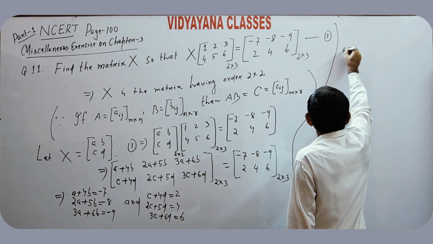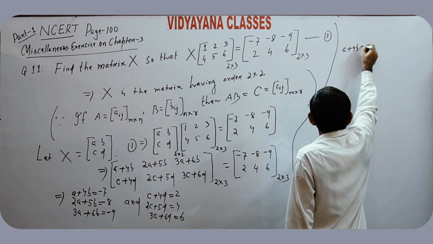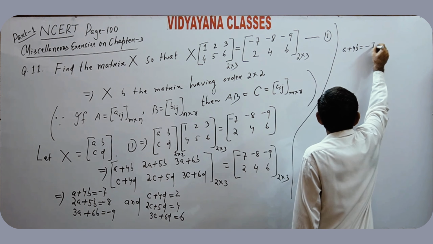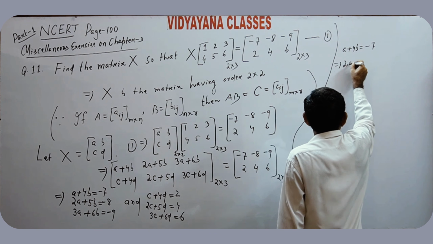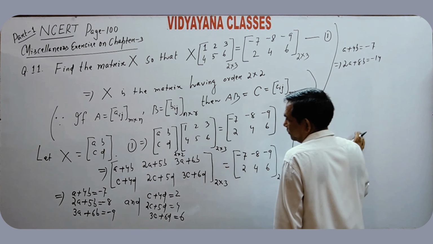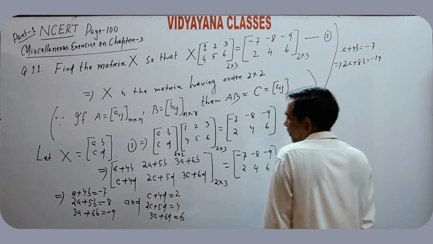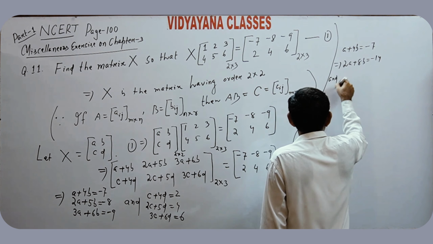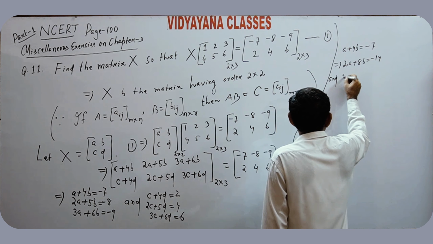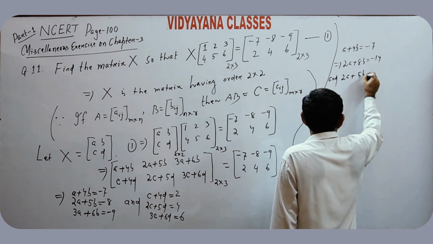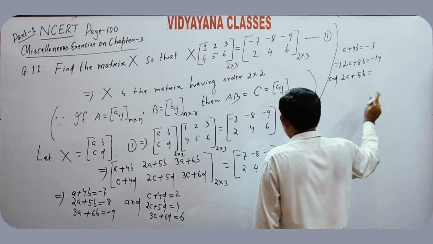A plus 4B is equal to -7, which implies 2A plus 8B is equal to -14. And 2A plus 5B is equal to -8.